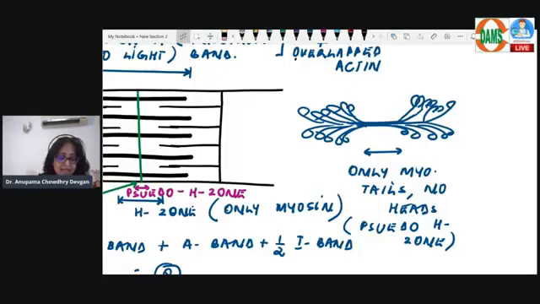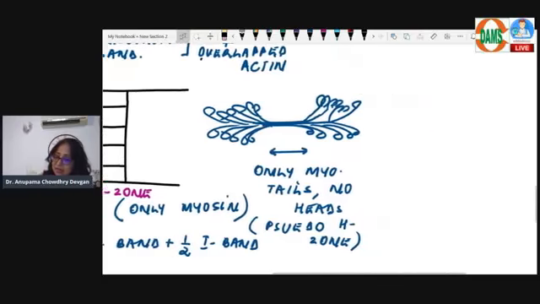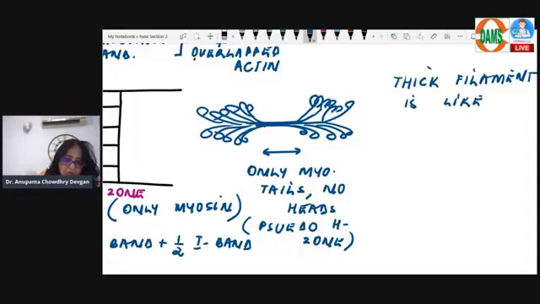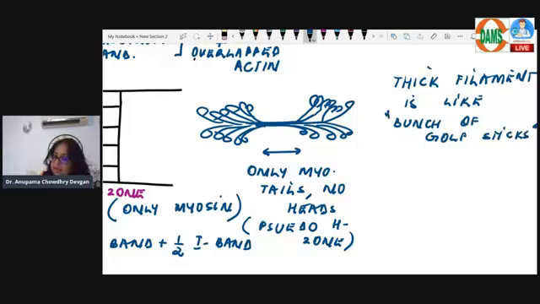It has been described as a bunch of golf sticks. So all these myosin molecules are held together with these heads protruding in 360 degrees.